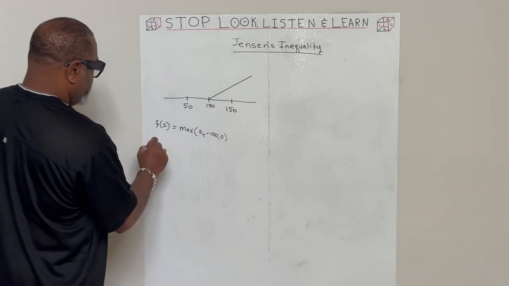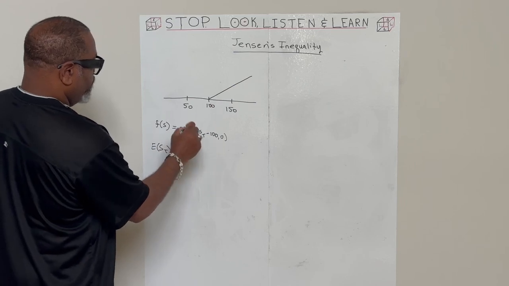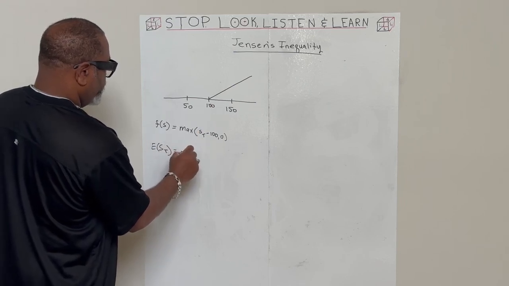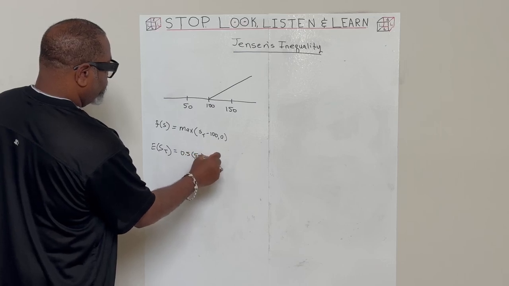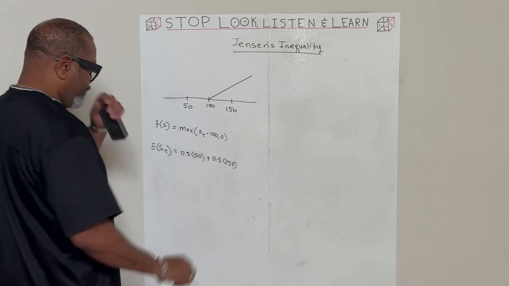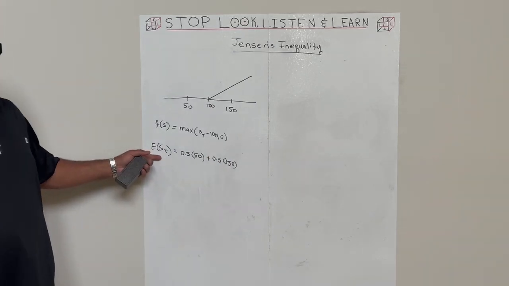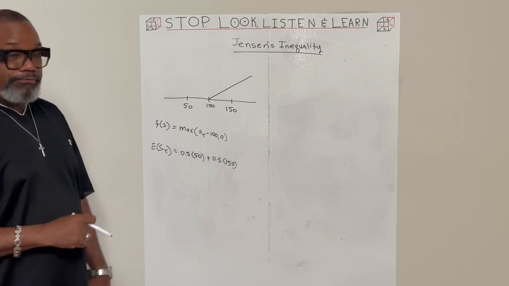So let's look at what the expected value of S_T would be. So that would be equal to 0.5 times 50 plus 0.5 times 150. Because remember, the expectation operator just simply takes a weighted average of the random variable.